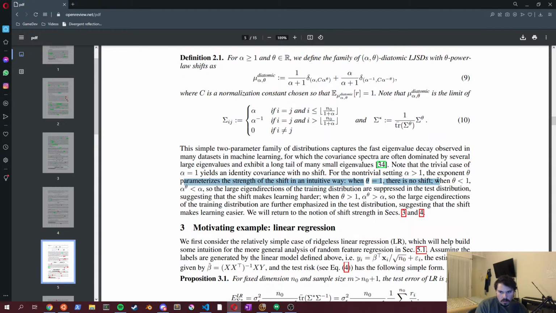When theta is less than 1, alpha to the theta is large, so eigendirections of the training distribution are suppressed in the test distribution.